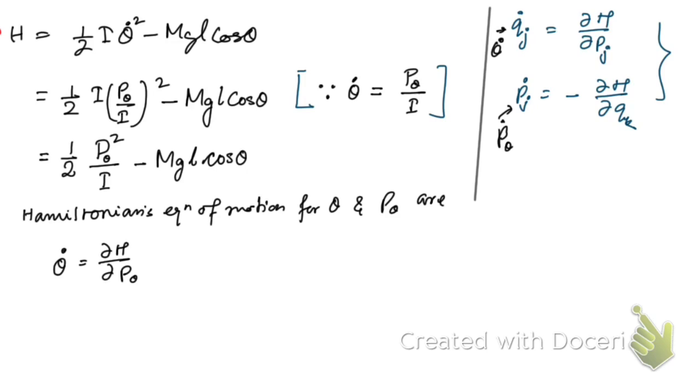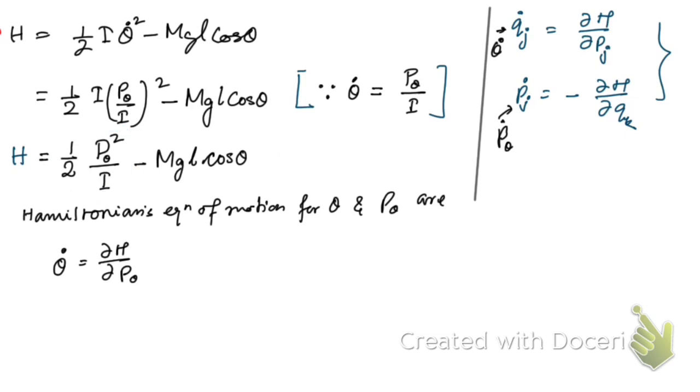Now if you differentiate this with respect to p_theta, this part is going to be 0 because it is not a function of p_theta. If you differentiate this part, you get half into 2 p_theta by I, the 2 cancels, so you have p_theta by I only. Hope you have understood this.